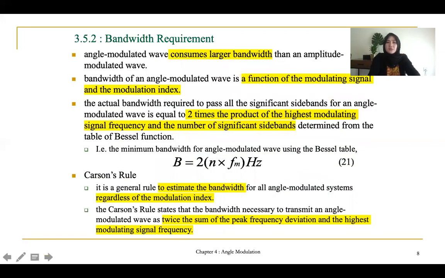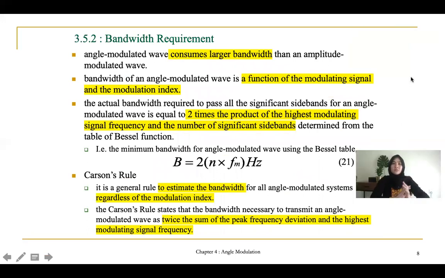Next, let's look at the bandwidth requirement. Based on the Bessel table, we know that an angle modulated wave consumes larger bandwidth compared to an amplitude modulated wave.